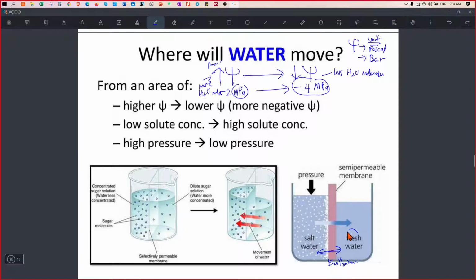Because the fresh water has a higher water potential, it will move to the salt water section that has low water potential. However, can you reverse this direction? Yes, you can reverse it by exerting pressure.